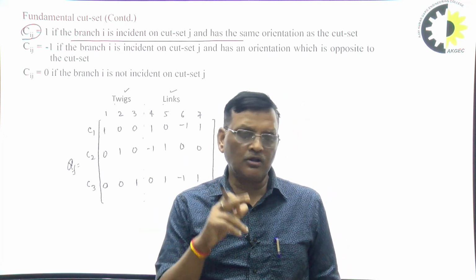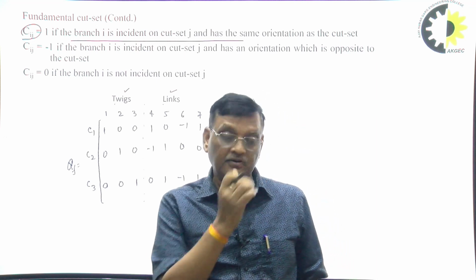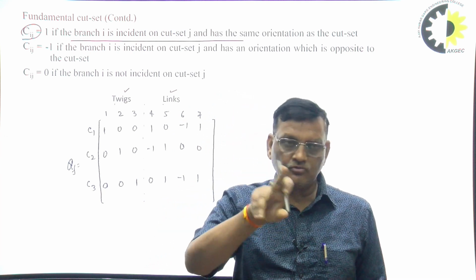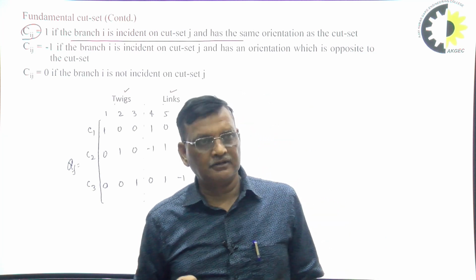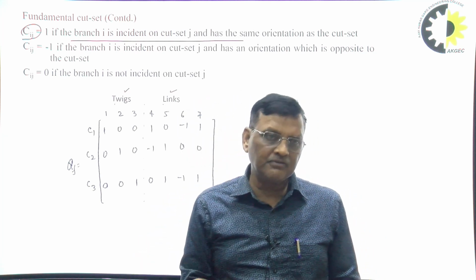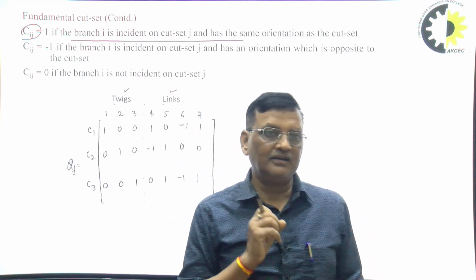Add all the links to the tree one by one, and we get the number of fundamental loops. Then the next job is to orient the fundamental loops. How will you orient? As per its defining link. So the orientation of the fundamental loop is the same as its defining link.